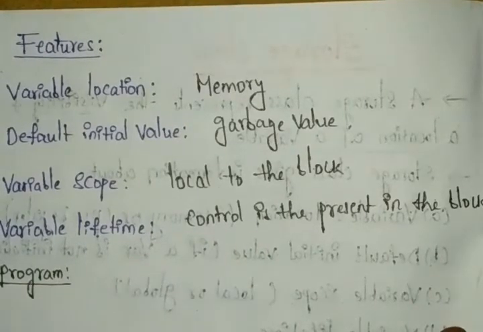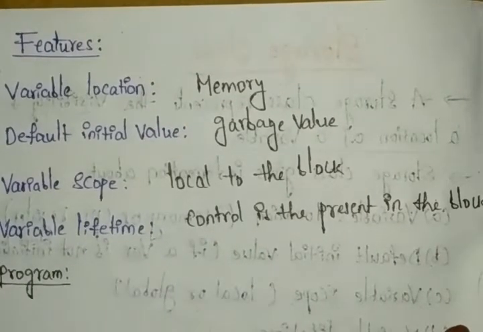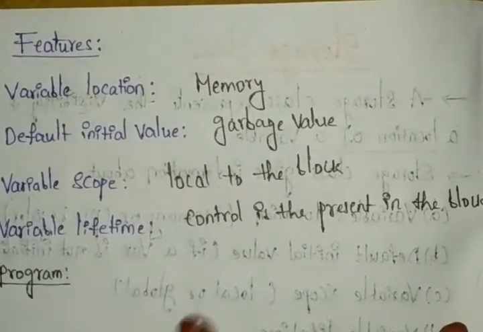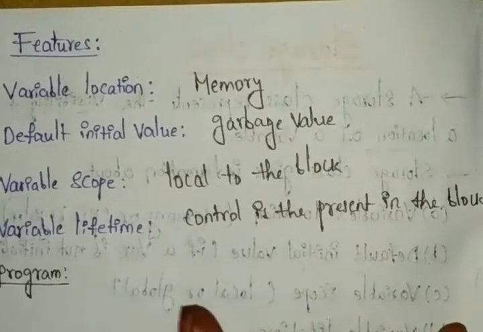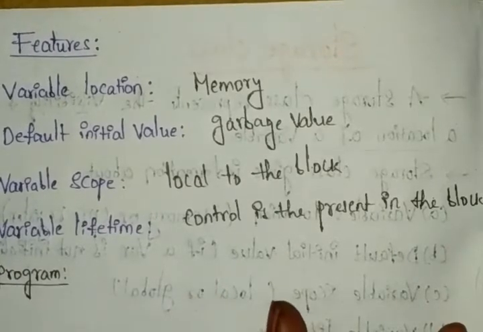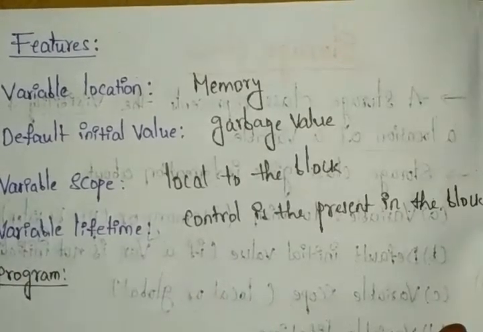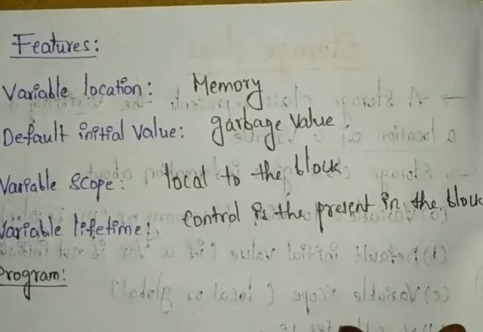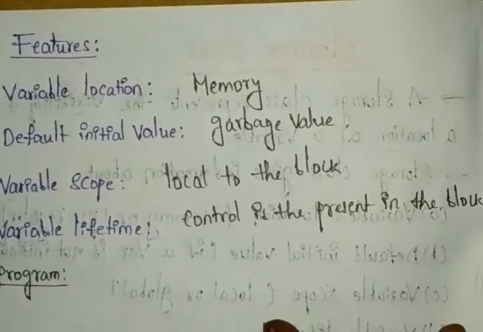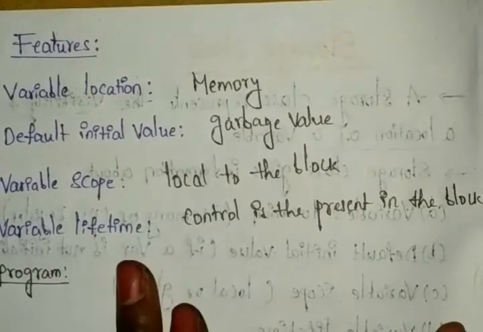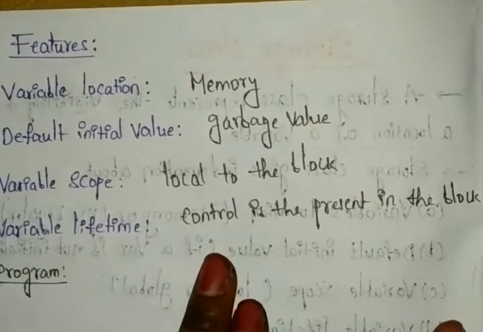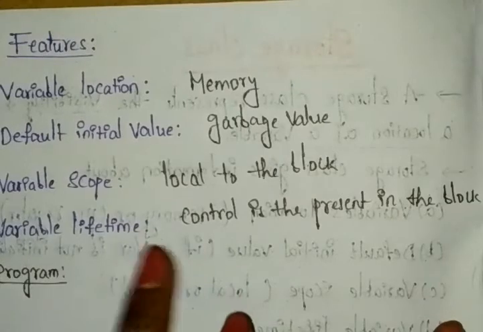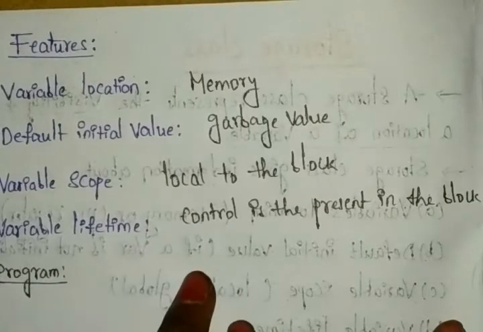So once the variable is there, continuously opening and closing of the function, in that time our variable will have its life. Once you close the main function, it automatically expires. So the lifetime is active till the control is present in the block wherever you define our variables in our program.